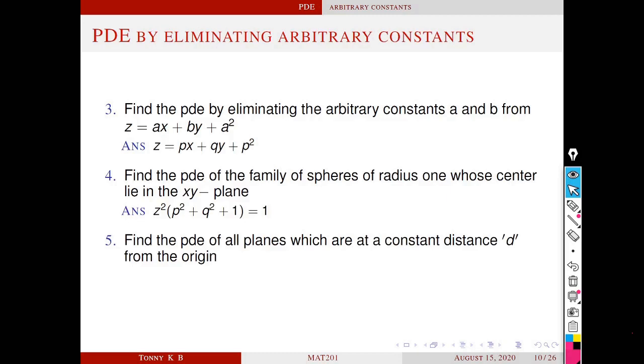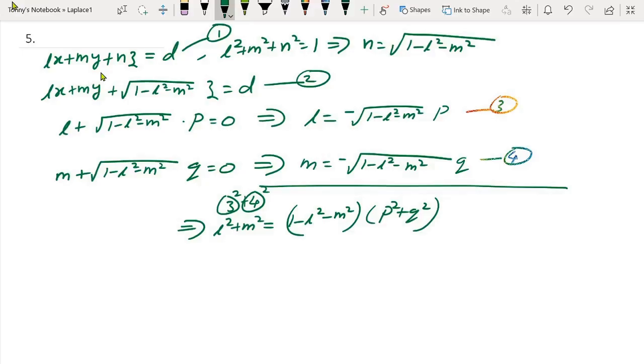Next problem: find the PDE of all planes which are at a constant distance d from the origin. The equation of the plane in normal form is Lx plus My plus Nz equal to d, where L, M, N are direction cosines and d is the distance.